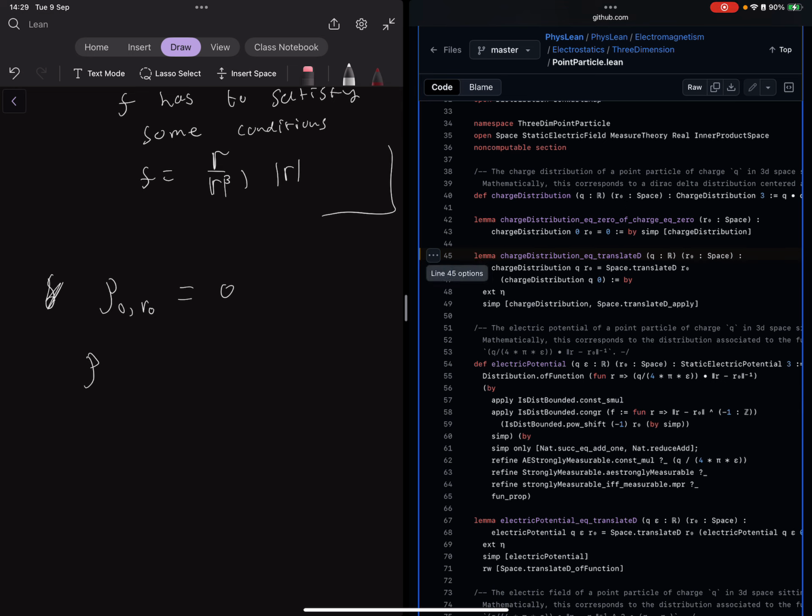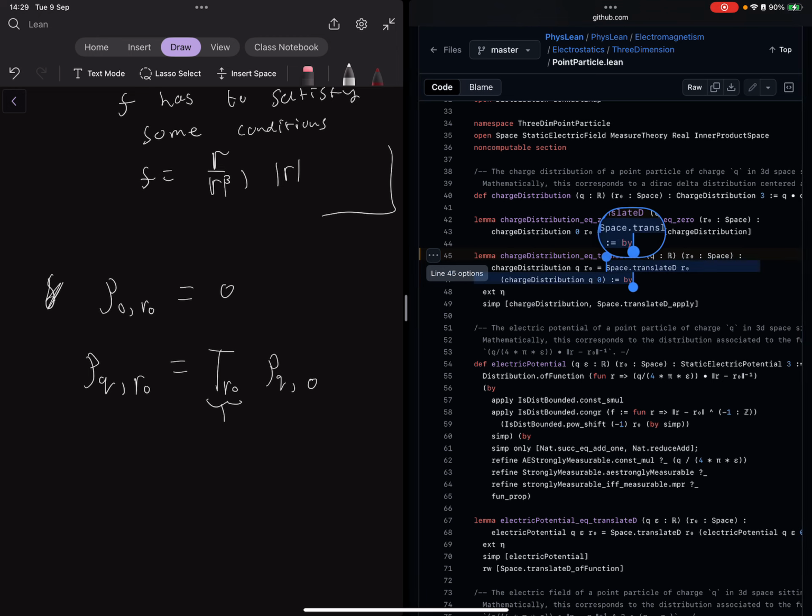And this one here basically says that the distribution at r0 is the translation of the distribution at 0. And this is notation that I'm going to use for the translation operator. Very generically, within PhysLean, the translation operator is this thing here, the space translate operator. I'm not sure I can highlight that without the box coming above it, but that is the translation operator within PhysLean.